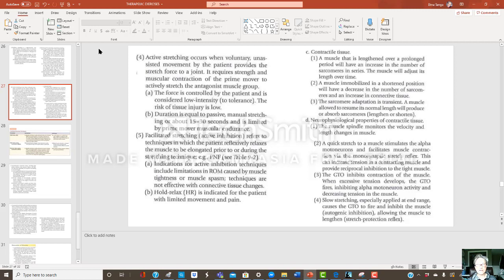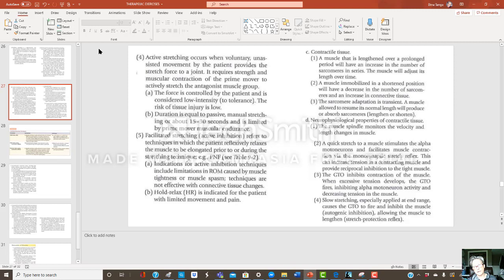Indications for active inhibition techniques include limitations in range of motion caused by muscle tightness or muscle spasm. Techniques are not effective with connective tissue changes. Hold-relax is indicated for the patient with limited movement and pain.